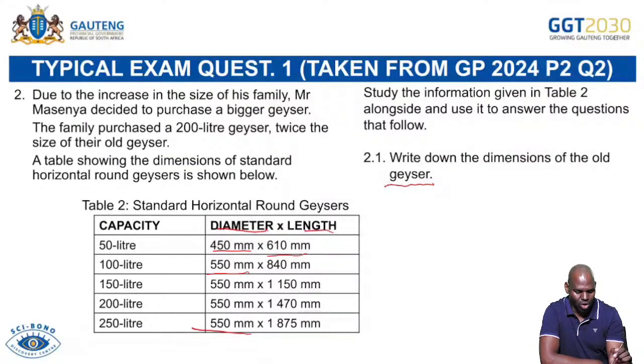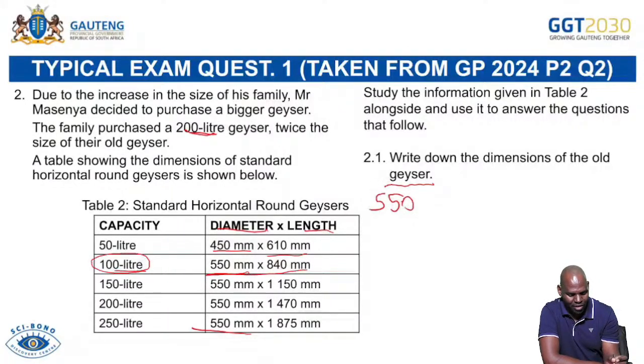Okay, so we need to figure out what was the capacity of the old Giza. They say the new one is 200, which is 2 times. So 2 times what will give us 200? 2 times 100 will give us 200. So the old one was 100 liters. So the dimensions are 550 millimeters by 840 millimeters.